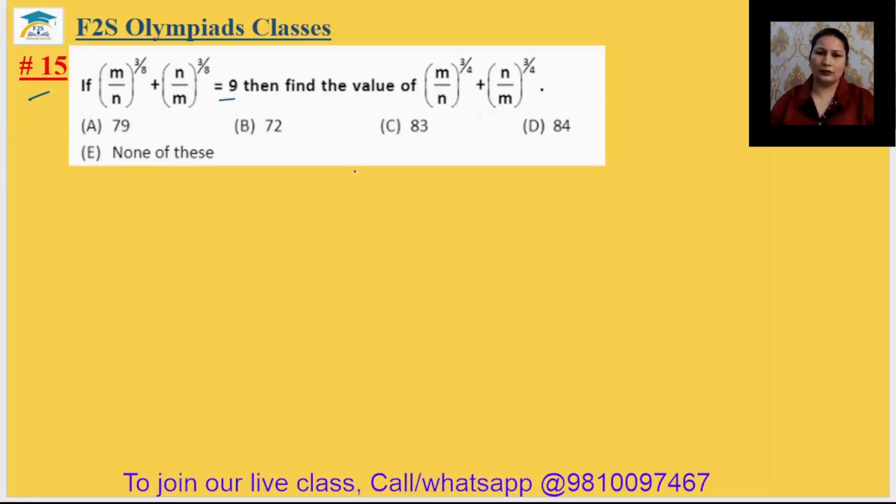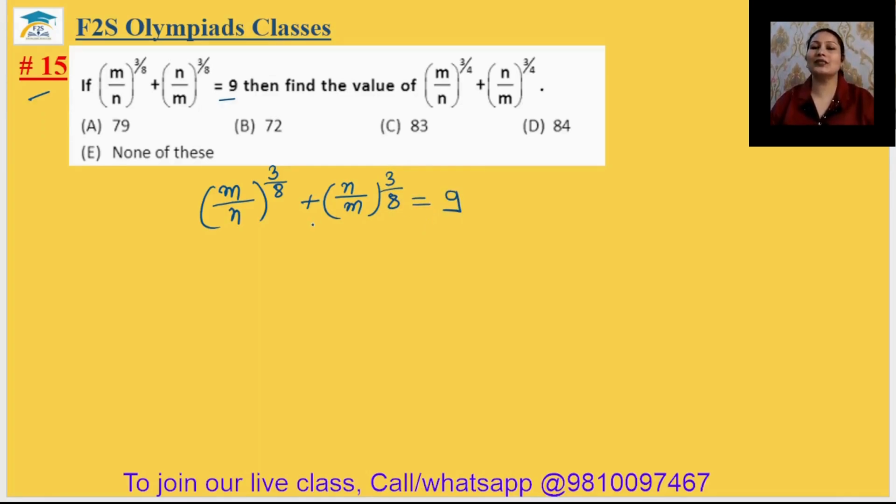So here, I'm just writing the expression first: (m/n)^(3/8) + (n/m)^(3/8) = 9.